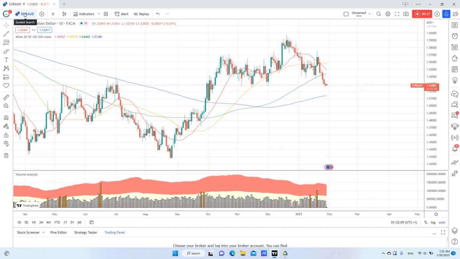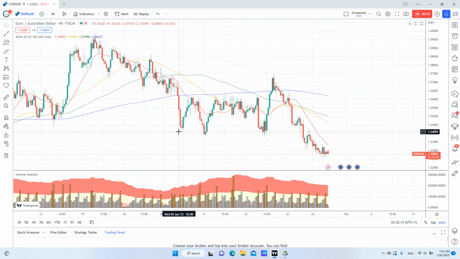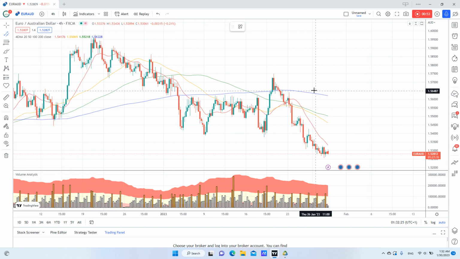I will start with the Euro AUD with the 4 hour chart. What we see here is a distribution schematic from Wyckoff. We will draw a channel.